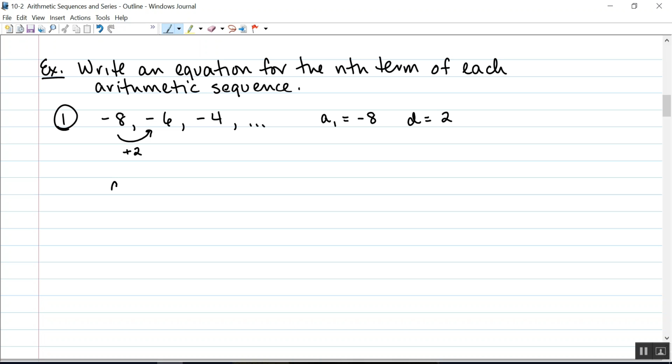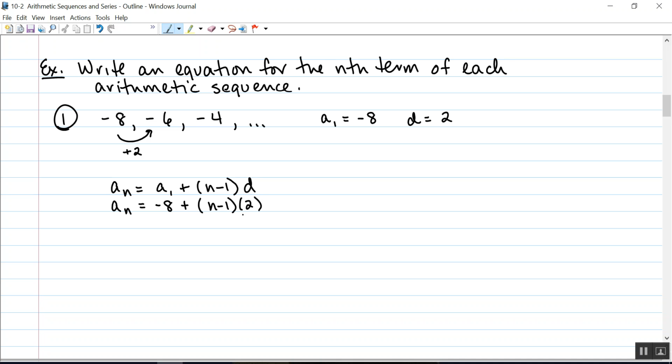So I'm going to use my basic formula, a sub n equals a sub 1 plus n minus 1 times d. And in this case, n is going to be my variable. It's going to be kind of like x in an equation. So I'm not trying to find what n is. So a sub n equals negative 8 plus n minus 1 times 2.